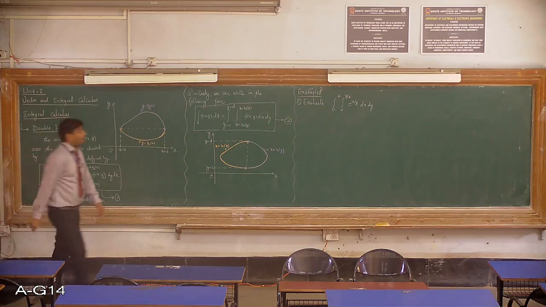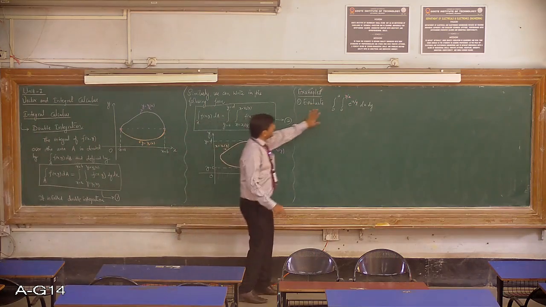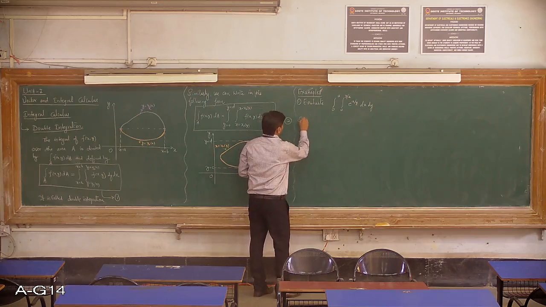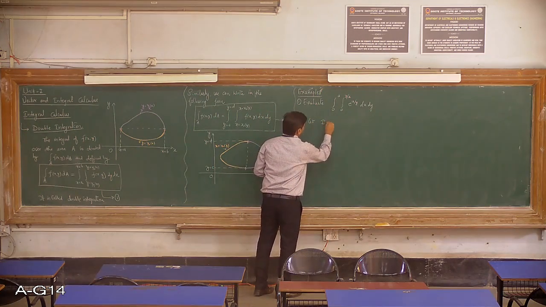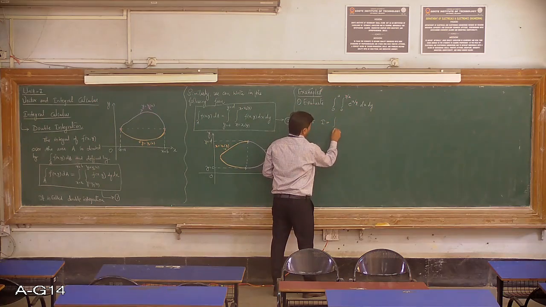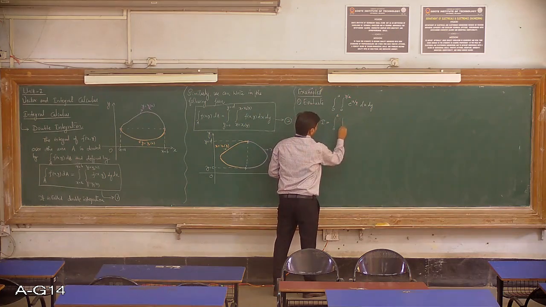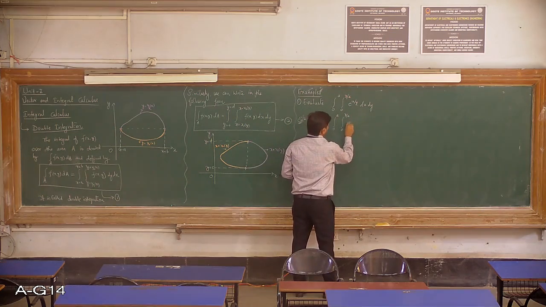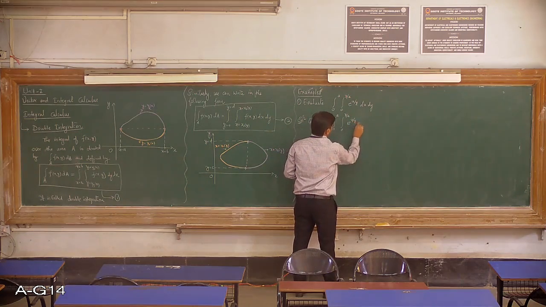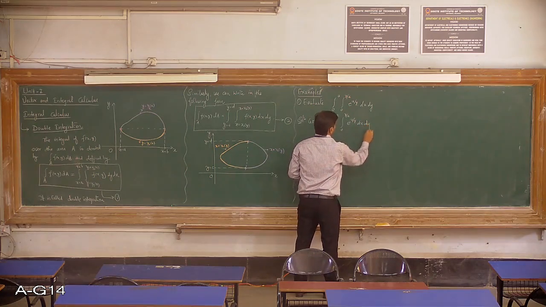So now we shall solve this particular example. The solution: first write what they have given. Let I equal the integration from 0 to a, integration from 0 to y by a, of e to the power x by y dx dy.